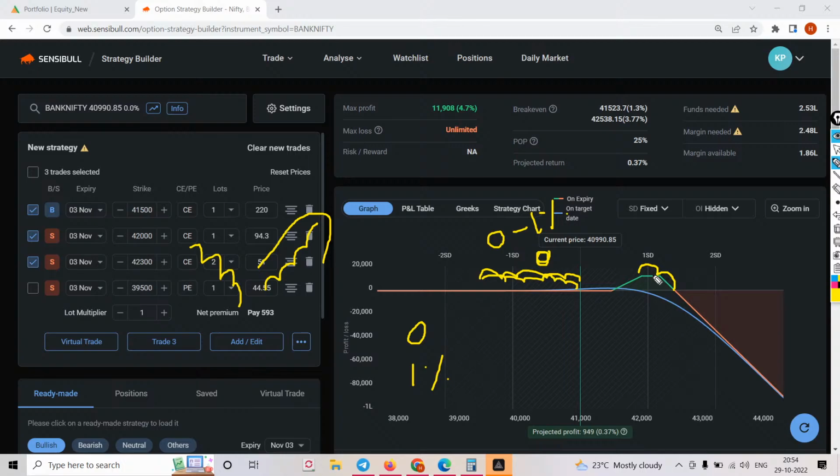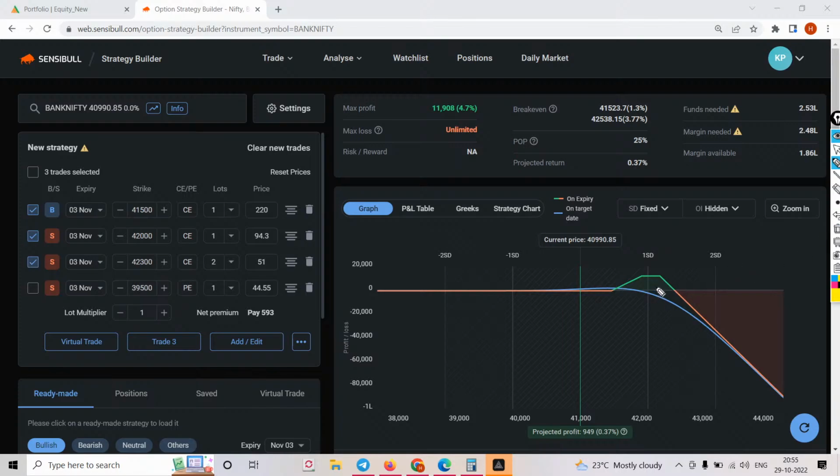Buy the put. When the market is going down, why should we think about selling the call? Why should we think about rolling down the call? When the market is falling down, we all know that VIX will increase. So when I'm rolling down the call, with rising VIX, do you think that will decay the call sell premiums?